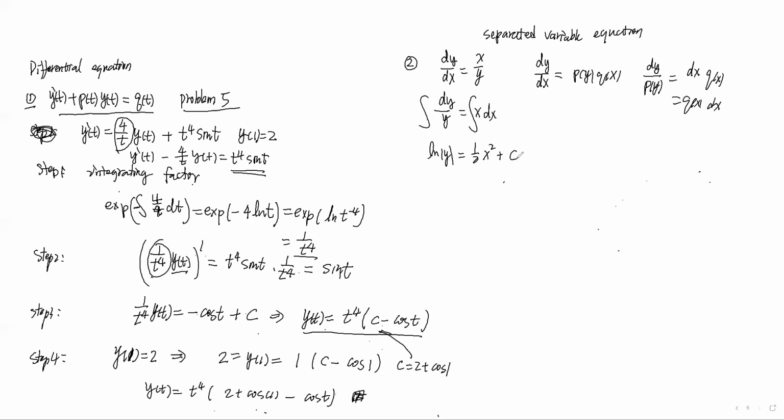And then what will we get? We can write this as e to the one half x squared plus c, which is e to the half x squared times e^c.